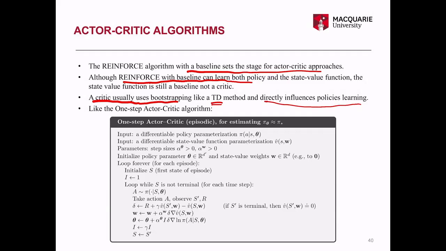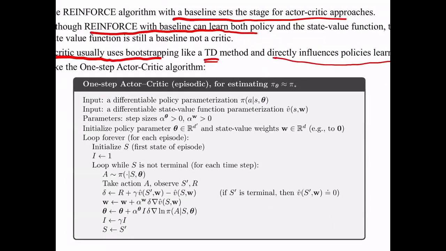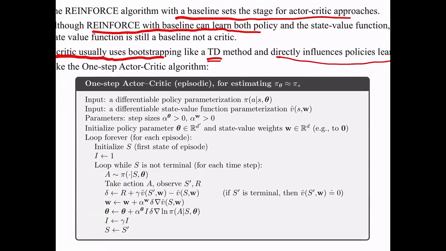And this is the simplest actor-critic algorithm imaginable, from Sutton's book. As you can see, this is not a Monte Carlo algorithm. It's actually on-policy, and in each step we take the action, and after observing the next state and reward, this is the TD error, like the baseline in our REINFORCE, and right after that we update both networks.